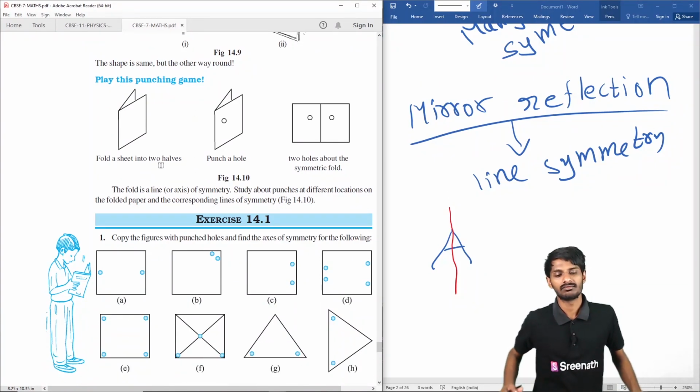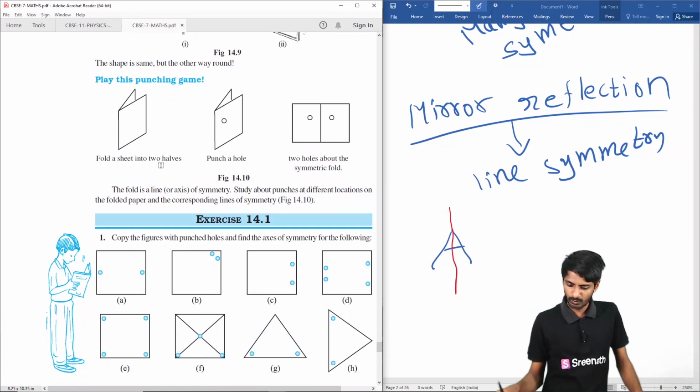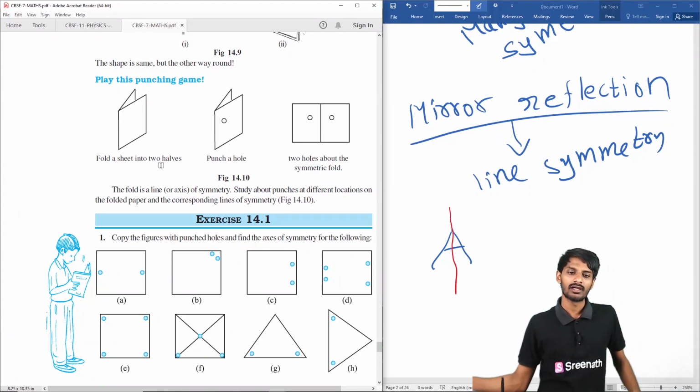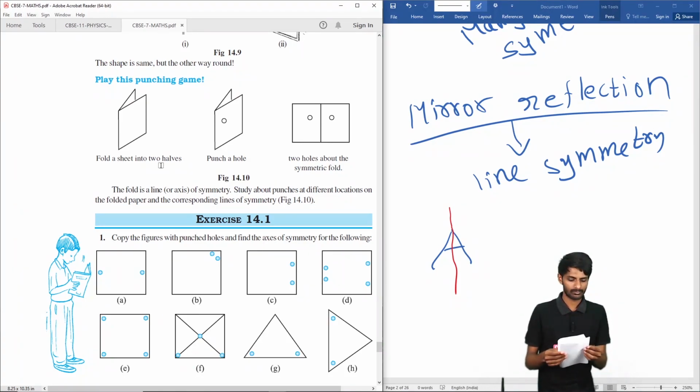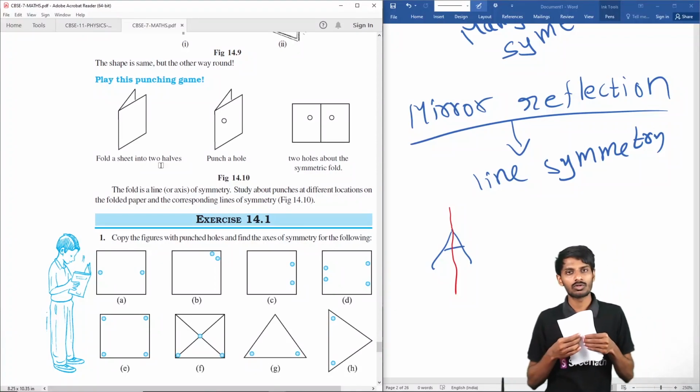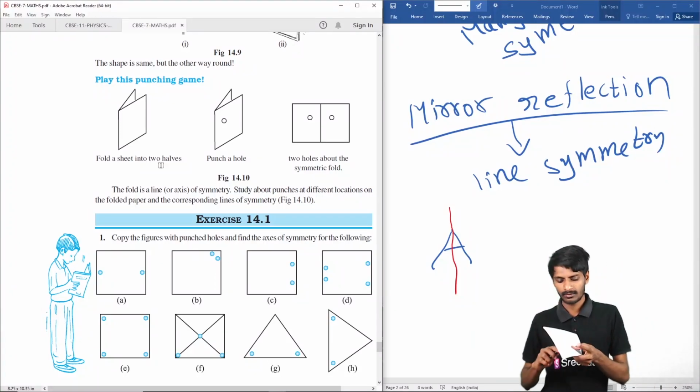So let's play the punching game. Okay, students, are you ready to play the punching game? Now take a paper like this, fold it, hold it like this, and put a punch on it, meaning put a hole in it.